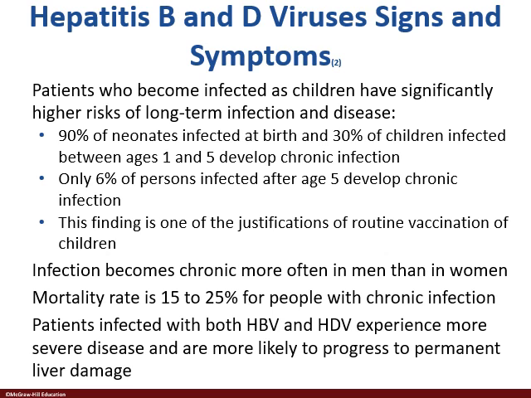Early childhood, infancy, neonates get infected. Fecal contamination, vertical transmission, whatever, will develop a chronic infection which will lead to liver damage. After the age of 5, the percentage of chronic infections, that long-term infection, and the cirrhosis and necrosis, possible cancer, those levels drop.